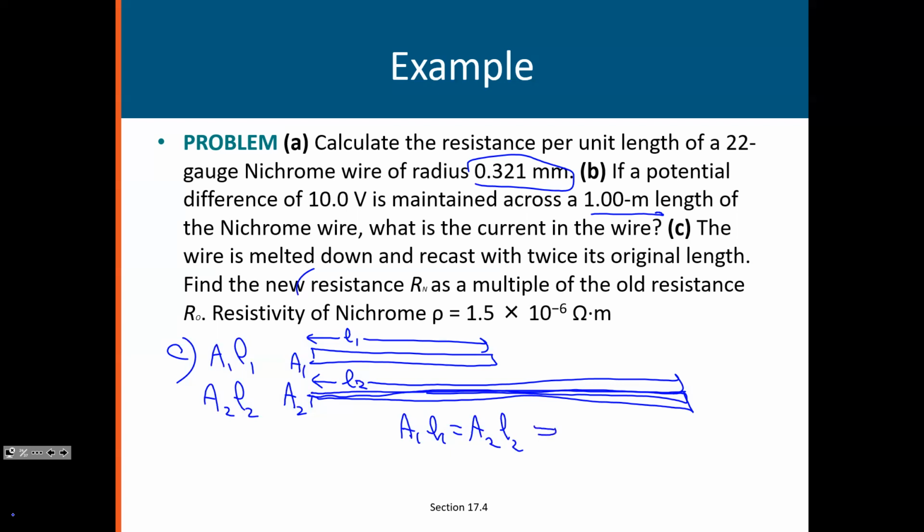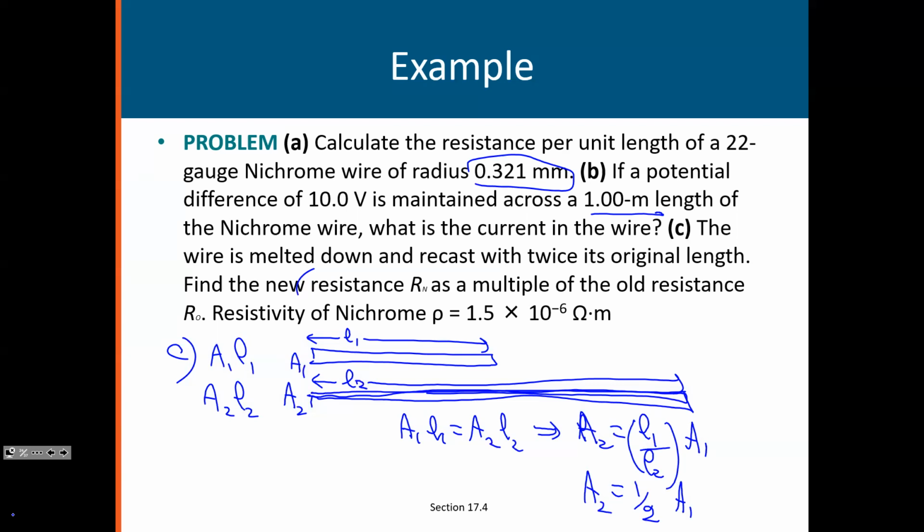This gives me A2 is equal to L1 divided by L2 multiplied by A1. L1 divided by L2 is half, because L2 is twice L1. So the new area is half times the old area.